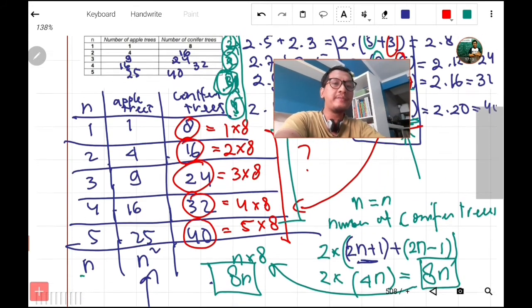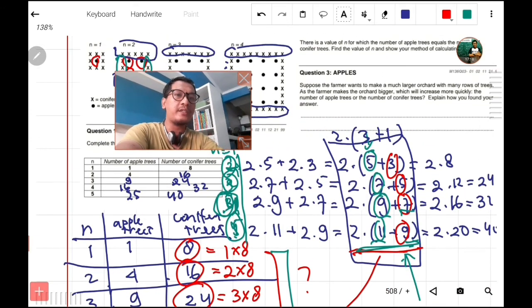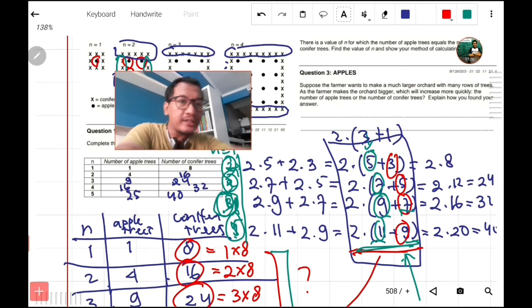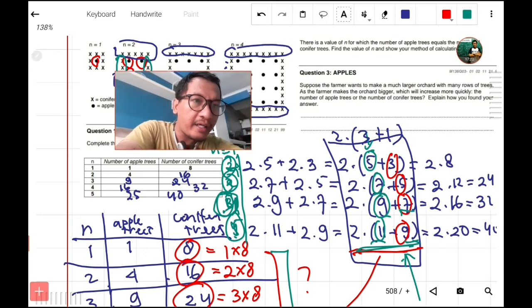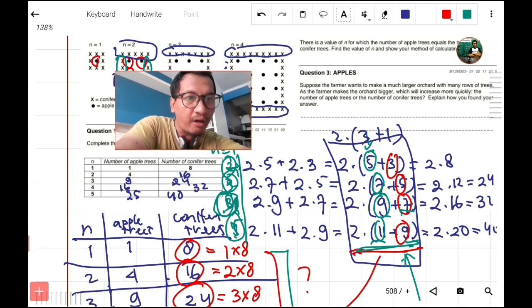Let's continue to the next question. The third question is, suppose the farmer wants to make a much larger orchard with many rows of trees. As the farmer makes the orchard bigger, which will increase more quickly, the number of apple trees or the number of conifer trees?